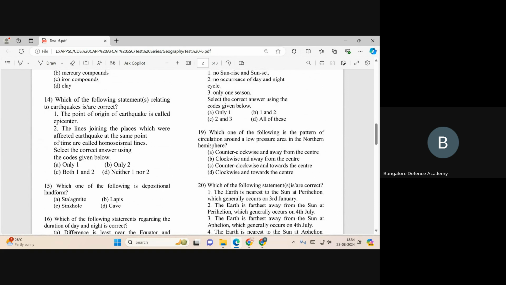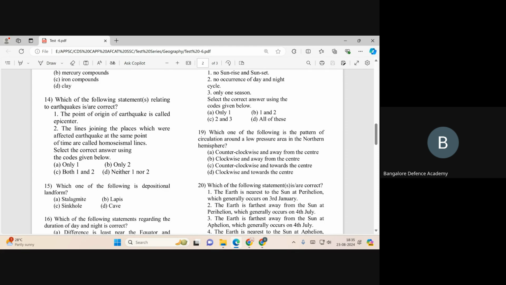So what is question number 14? Aspects already done. How many of you say option A?